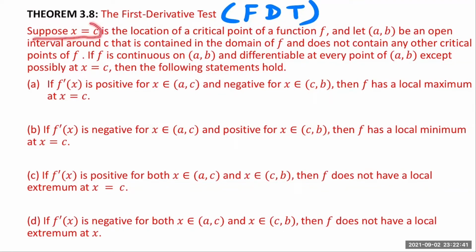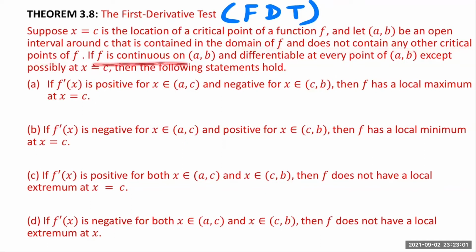Suppose x is equal to c is the location of a critical point of a function f, and let a comma b be an open interval around c that is contained in the domain of f and does not contain any other critical points of f.